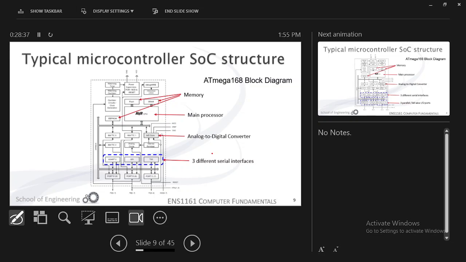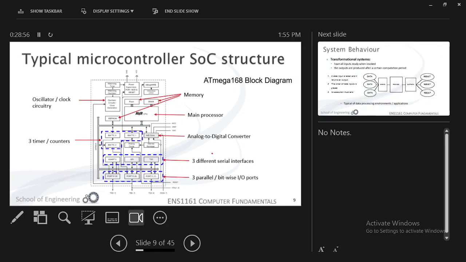So we have different components like memory, processor, analog to digital converter, and different serial interfaces. Basically these are interfaces, and many other structures are there to communicate, right? Some additional components like timers and counters are there.